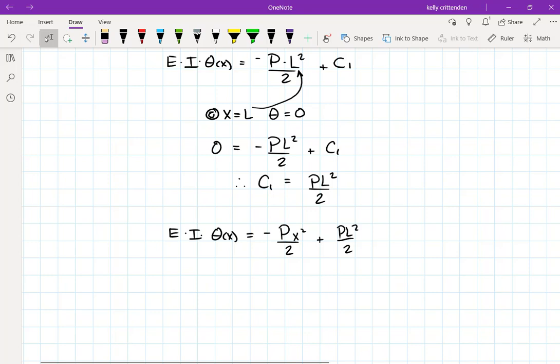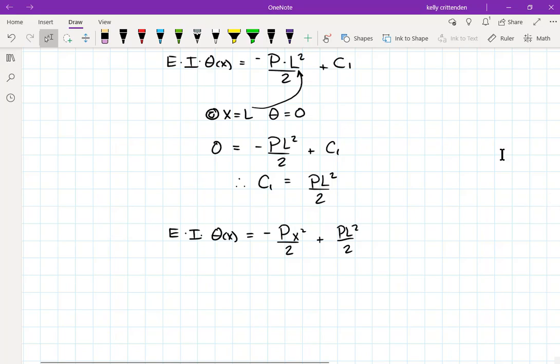This is useful if I want to have an equation for the slope of the thing, because I could just move the EI back over to the right-hand side, divide the right-hand side by EI, and then I have an equation for dy/dx. And a lot of times you're given that.